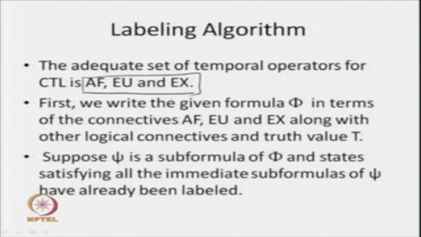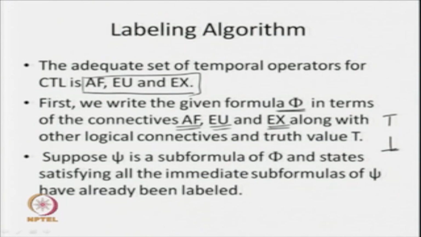So, when we are given a particular formula phi, first of all what are we going to do? We are going to express this formula in terms of the connectives AF, EU and EX, because we are going to have a method for these 3 operators along with the logical connectives and truth values. We have 2 truth values: one is true, which is represented by top, and another is false, which is represented by bottom.